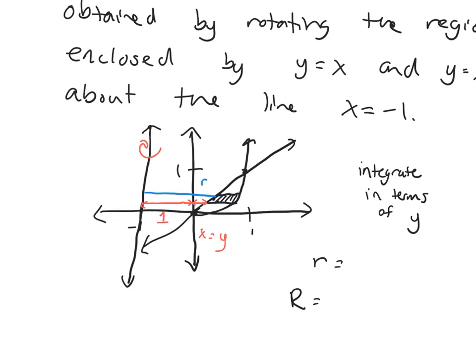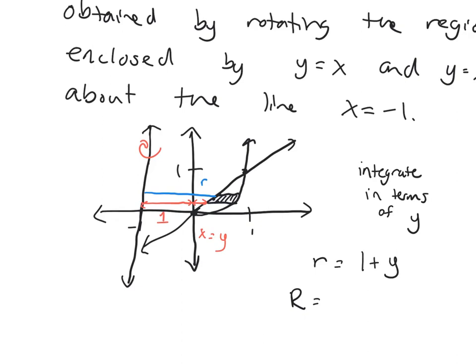So to get that blue distance, I need to add up these two little red distances. I add up this 1, I add up this x, but x is equal to y for this line. So my little r is going to be 1 plus x, or 1 plus y. Sorry, we're doing it in terms of y. Add up the two little red pieces to get the total blue piece.